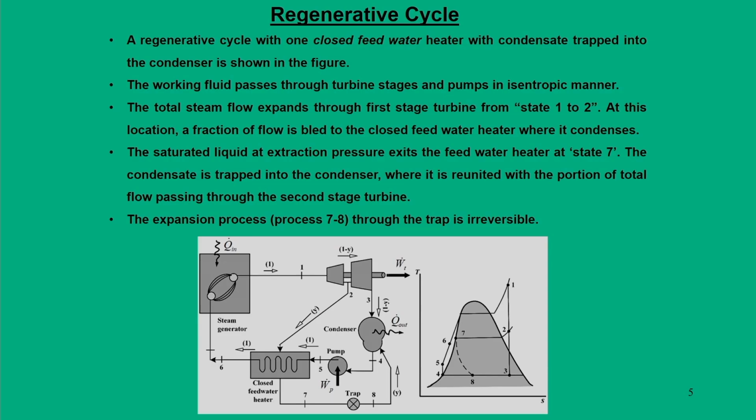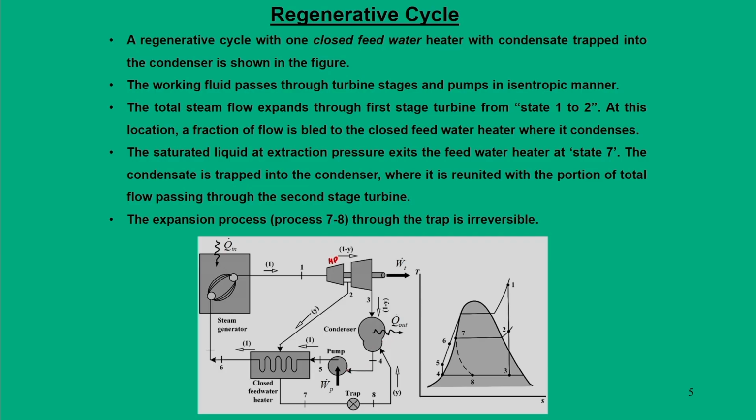So, here the concept goes, which we have already discussed so far: if you say 1 unit of steam enters the first stage of the turbine, that is the HP turbine, at state 2 we take y unit of steam, and the rest, 1 minus y unit of the steam, expands in the turbine and then condenses in the condenser.